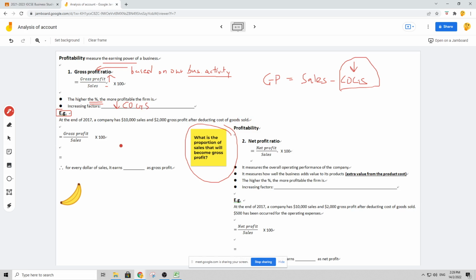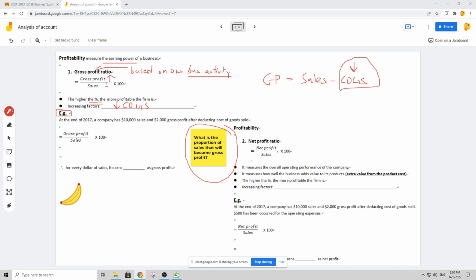If we are looking at a GP ratio here, what is the ratio? I think you don't even need a calculator. If you already got a number, can you put it in the chat, please? Okay, Alex, thank you very much.